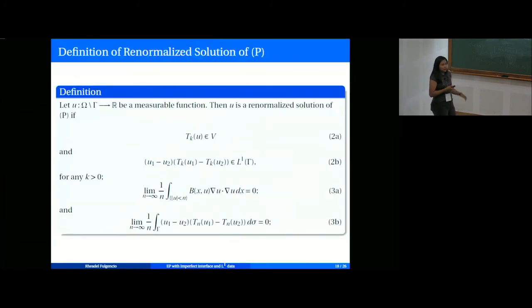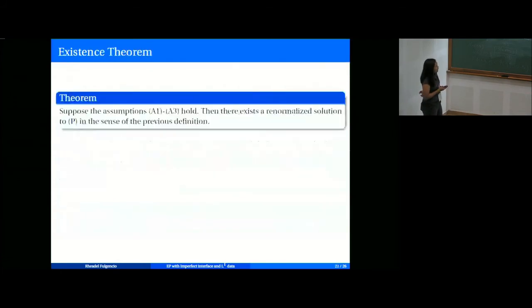So these two make sense of the integral, while the other two are important for our uniqueness results, which is work in progress, and also for recovering that Tk of U, the truncation of the solution, is an admissible function for our problem P. Okay, and that is important for stability results. Okay, so this is what I just mentioned.